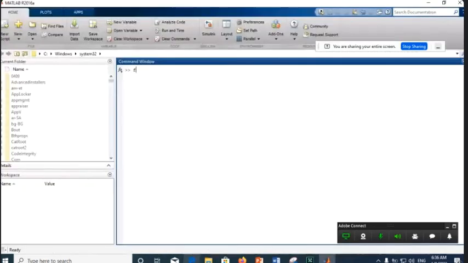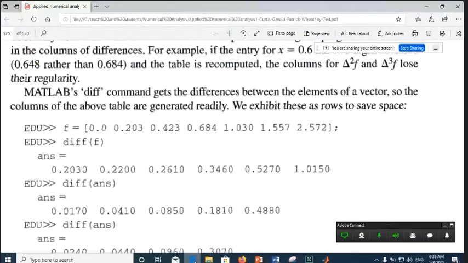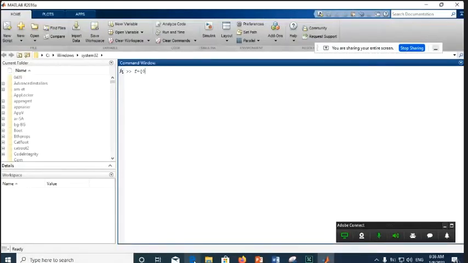Let me this value f, this vector. Are you familiar with MATLAB?